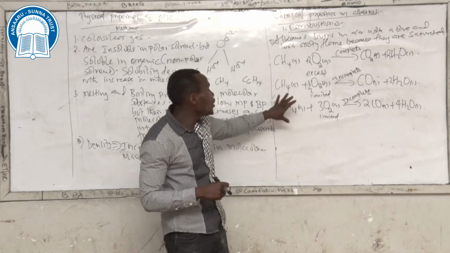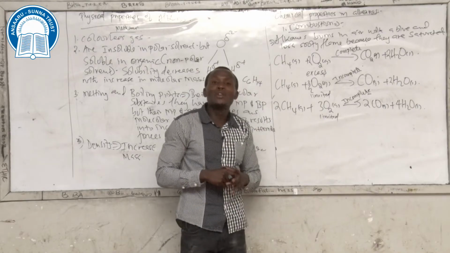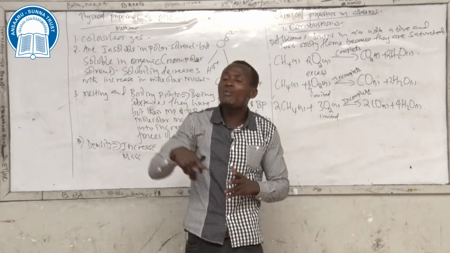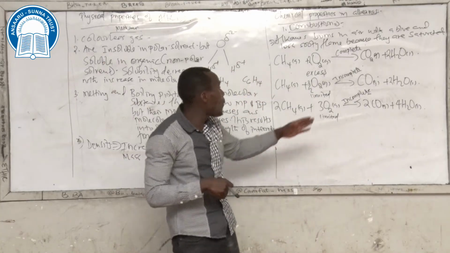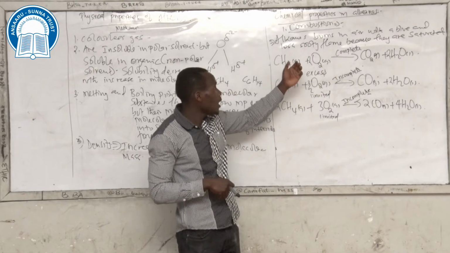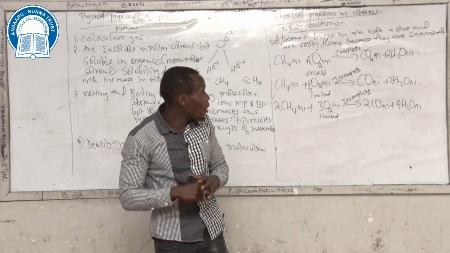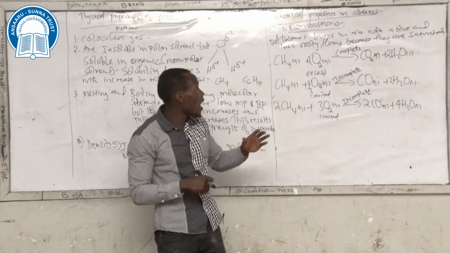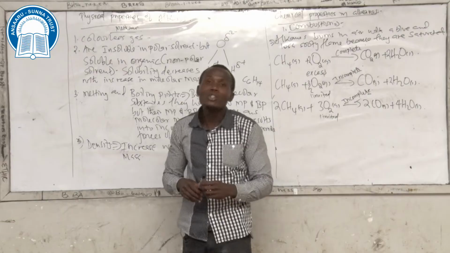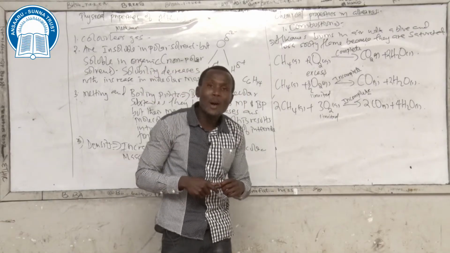So when using a kerosene stove, you must ensure that the room is well ventilated for enough supply of oxygen for us to have complete combustion of alkanes, because paraffin or the kerosene is an alkane, and when these compounds are burning, they need to have complete combustion for us to obtain carbon dioxide, which is not harmful to the environment or even to human beings.